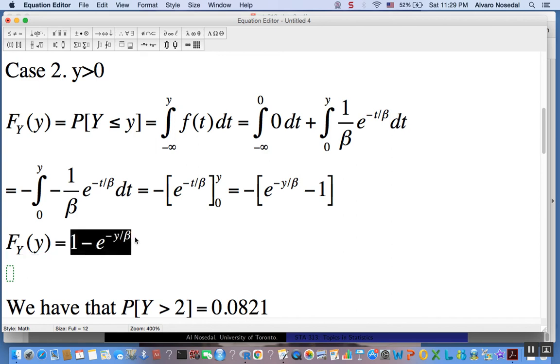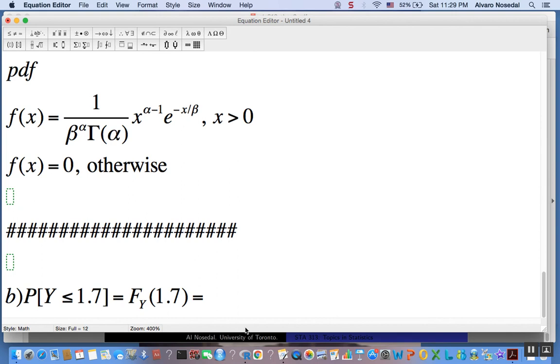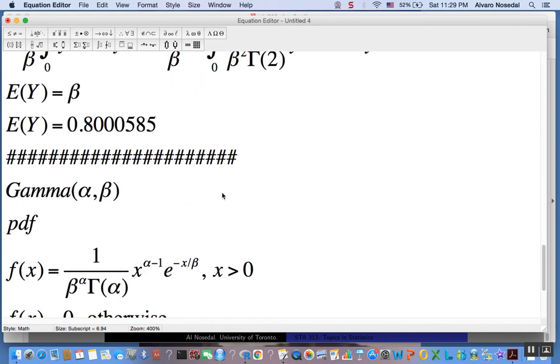So that's exactly what we have here. y happens to be 1.7, beta happens to be 0.800, and so on.